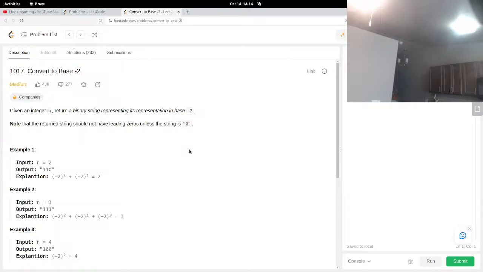Hold on. 2 times negative 2 raised to 2n plus 1 gives me 2 times negative 2 raised to 2n times negative 2, which is then negative 2 times 2 raised to 2n plus 1.